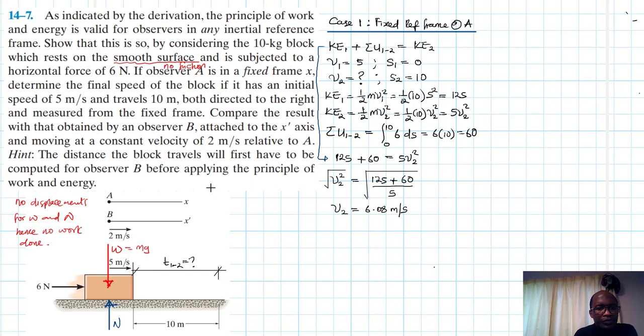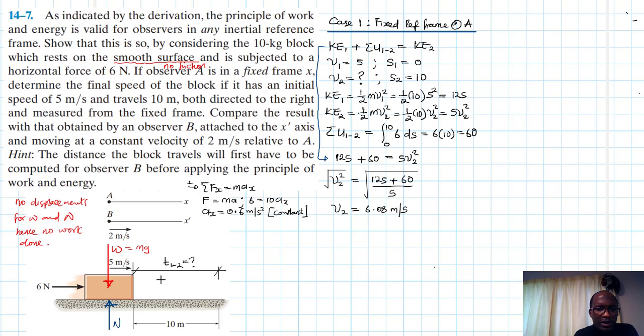Right, for the block. So we know that the summation of forces in x is just equal to m a_x. We do have F equal to ma, which is 6 equal to 10, which is the mass, times a_x, and hence our a_x is just equal to 0.6. And we are assuming this is constant. Alright, so for us to find the time, we've got a number of options.